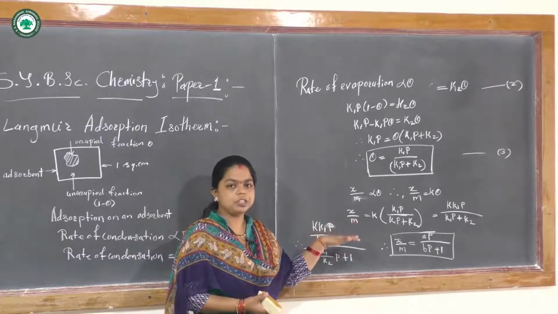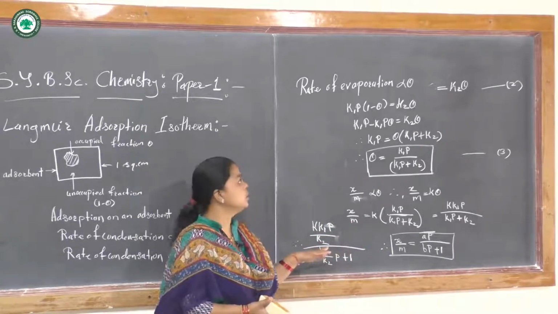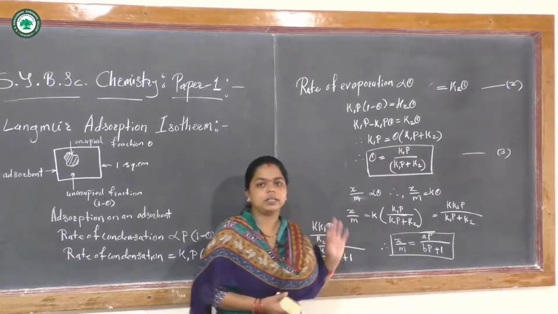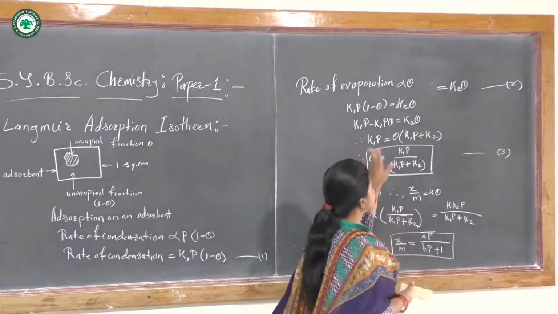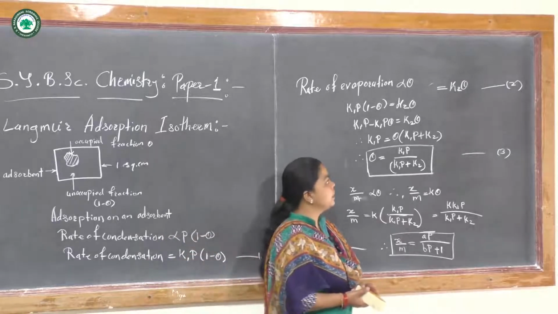So the evaporation is only dependent upon that particular fraction, theta. So the rate of evaporation is proportional to theta. We put a proportionality constant again, so the rate of evaporation is K2 theta, where K2 is the proportionality constant.